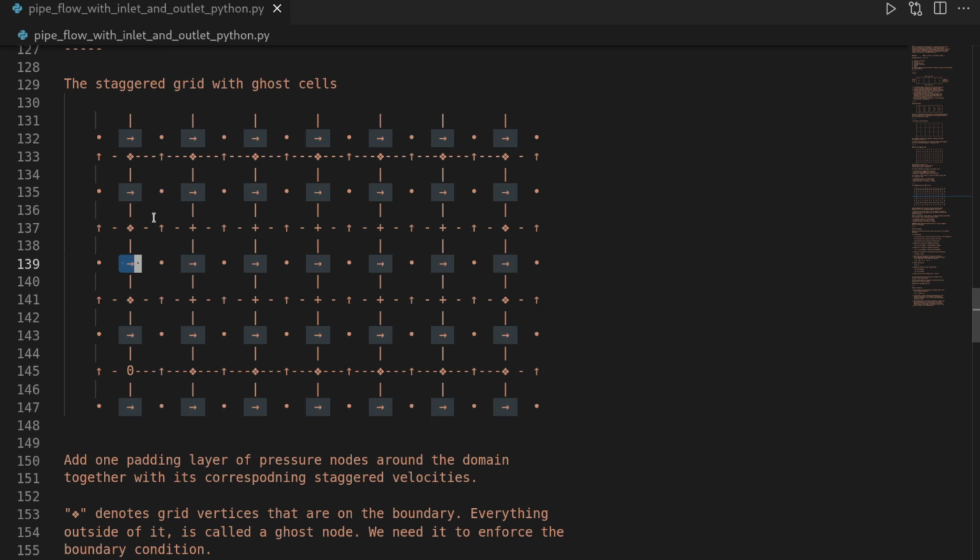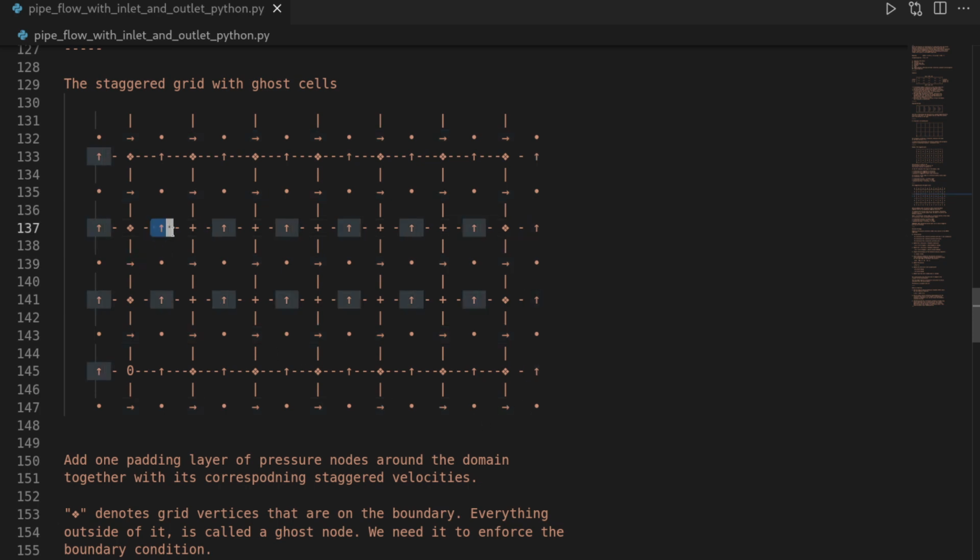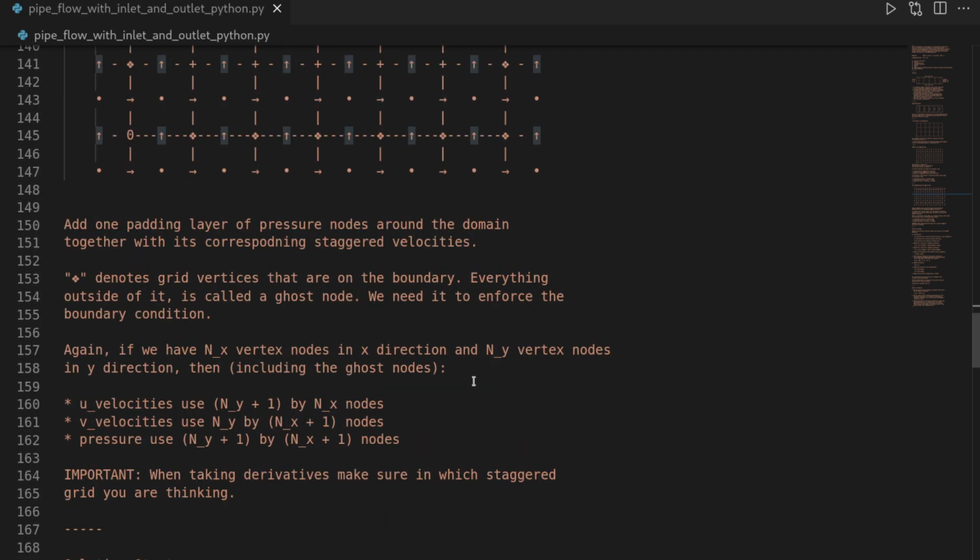So instead of having one less, we now have one more in y direction, but we keep the same amount in x direction, which was nx. Then for the v velocity, here we keep the amount of components in y direction, which is 4, but instead of having one less than the number of discretization points in x, we have one more, and so on and so forth. So for u, we have now ny plus 1 by nx, and for v, we have ny by nx plus 1, and for the pressure, we have ny plus 1 by nx plus 1.